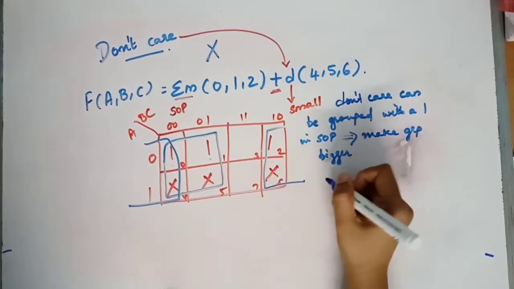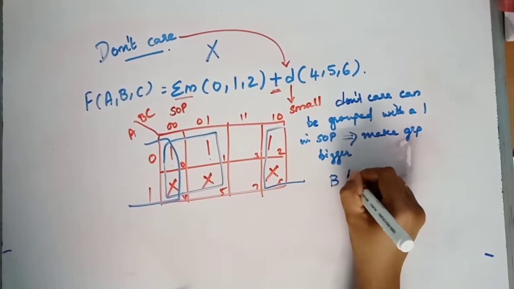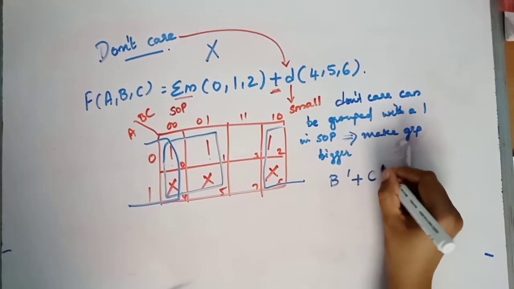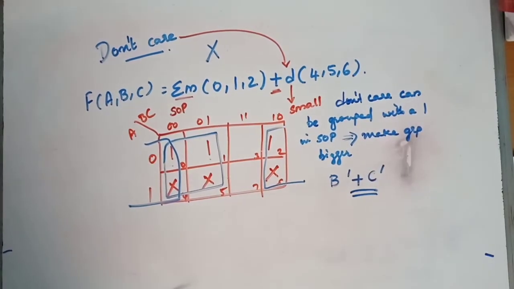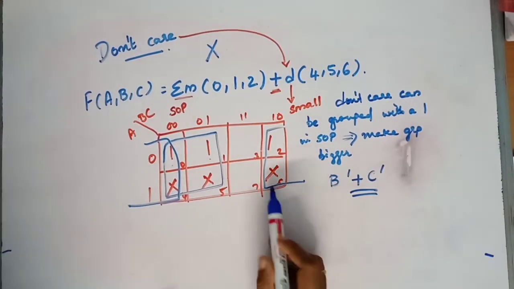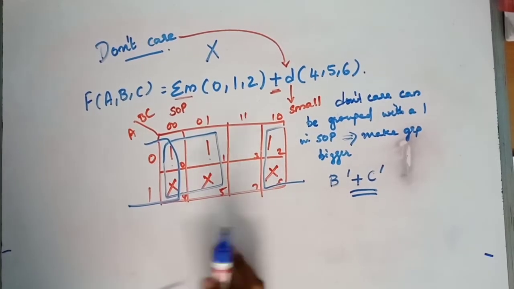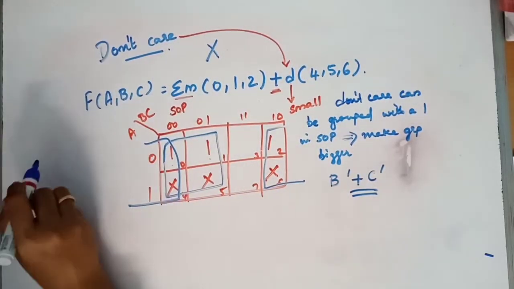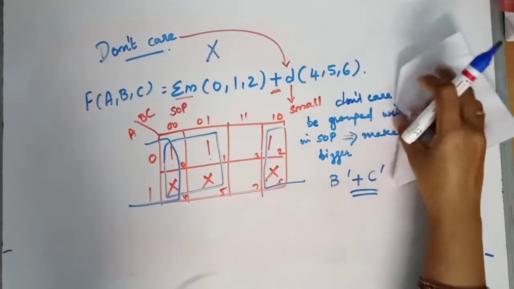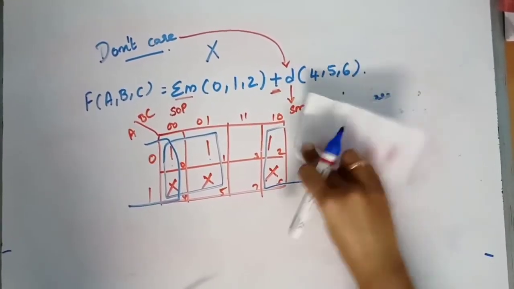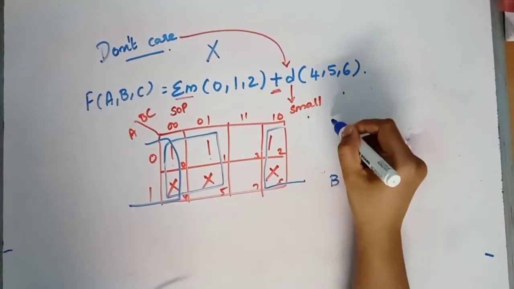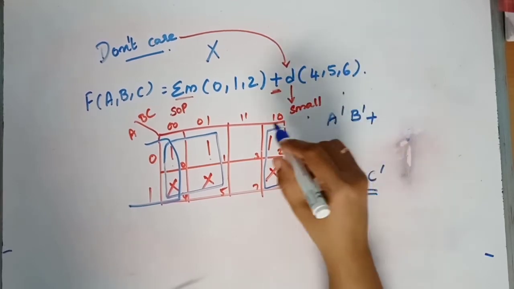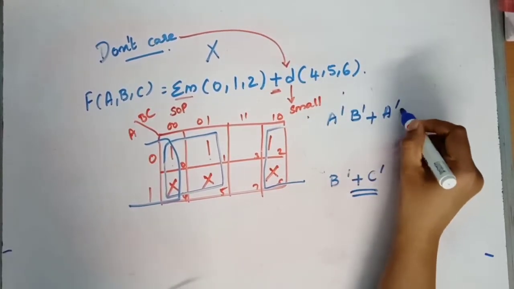So this will be B bar plus... Okay, so if we didn't use the don't care, then you'll be grouping it as these two ones. So that will be A bar B bar plus A bar C bar.